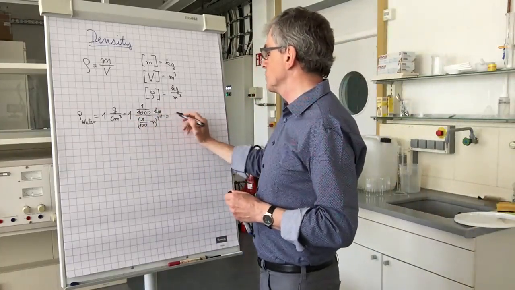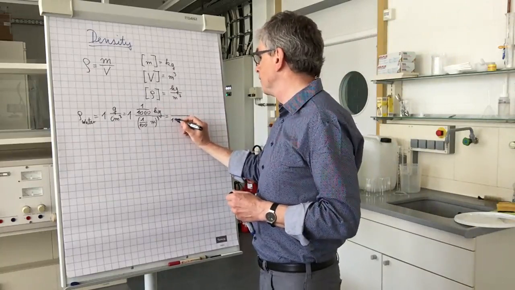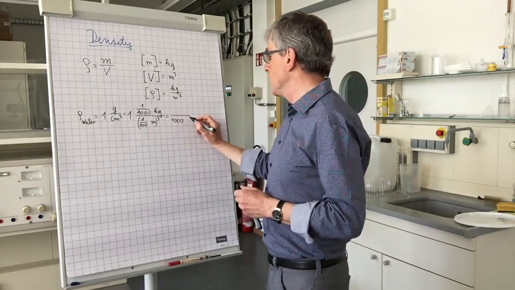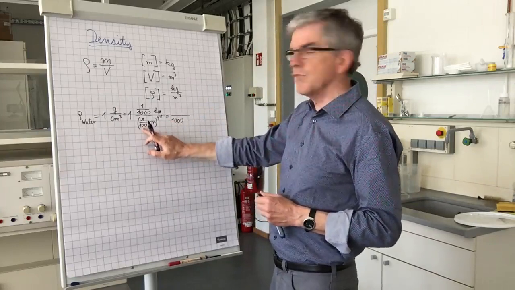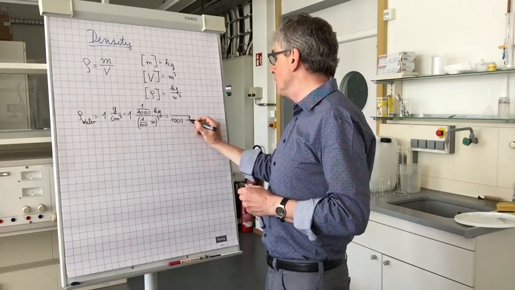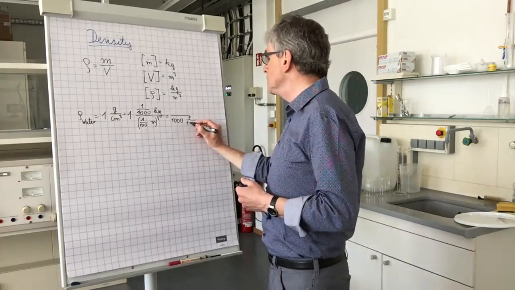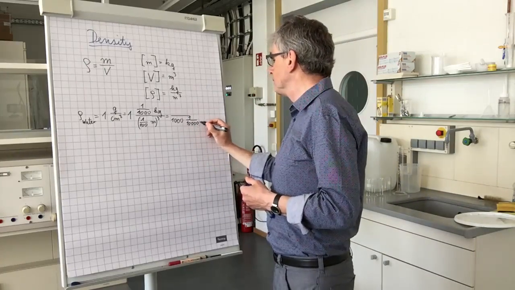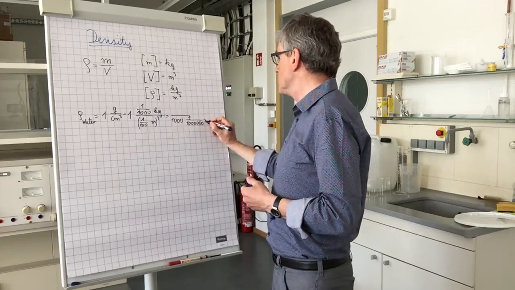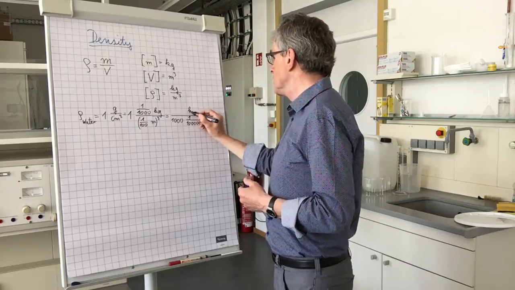The denominator is 1,000, and we have to put both factors to the power of 3. And if we put 100 to the power of 3, then we are at 1,000,000, so with 6 zeros, and we have here a cubic meter, and here is a kilogram.